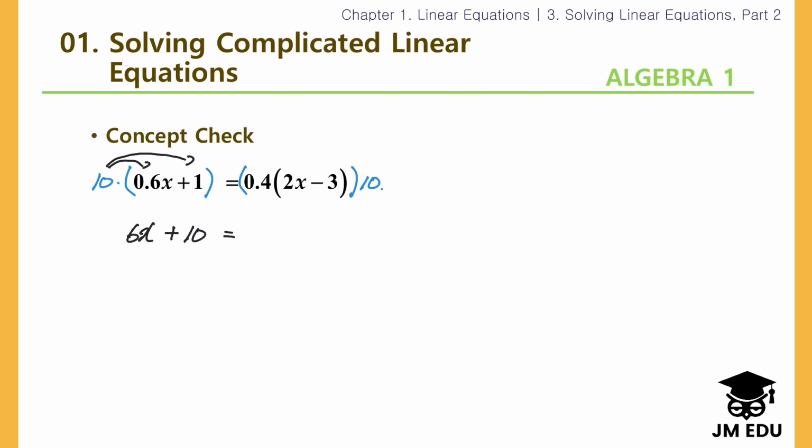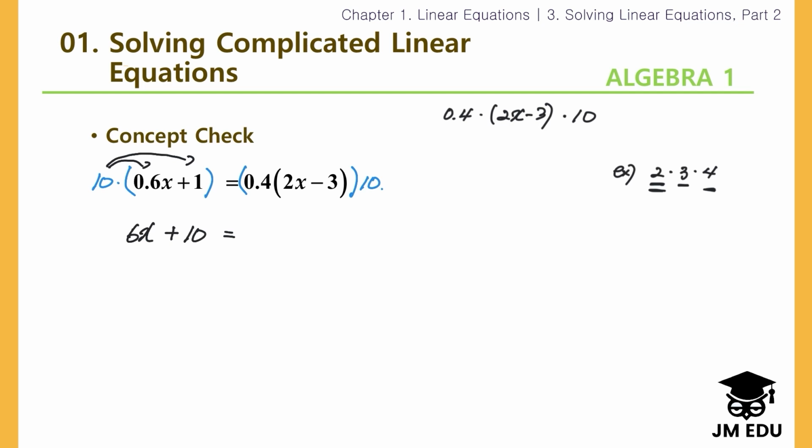Here on the right hand side, 3 expressions are multiplied together. We have 0.4 times 2x minus 3 times 10, right? Let's say we have 2 times 3 times 4. How would you simplify this? Multiply this number by this first, or this number by this first, and multiply by 3 later, right?